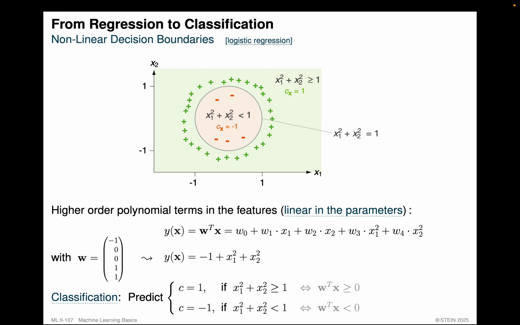And in order to do a classification again, this was just the regression case, we just predict again whether this is greater or equal to 1, and this is equivalent with the scalar product of the regression function being greater or equal to 0. We don't need to make any special adjustments here.